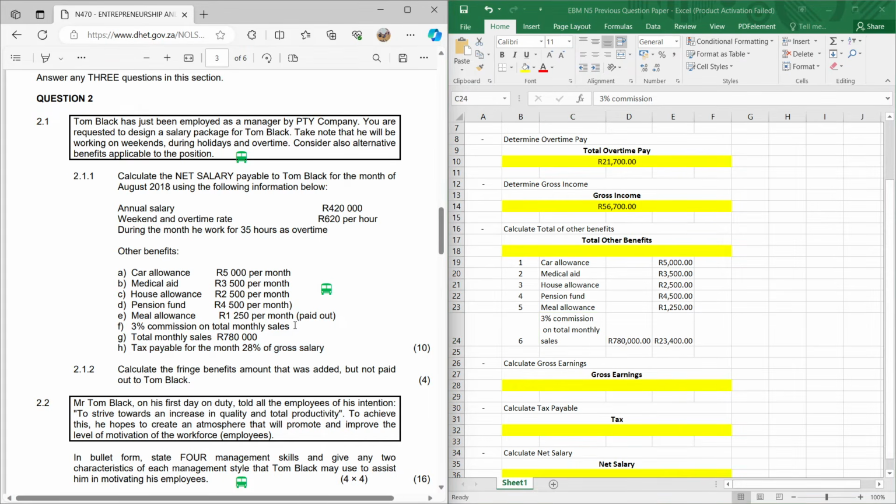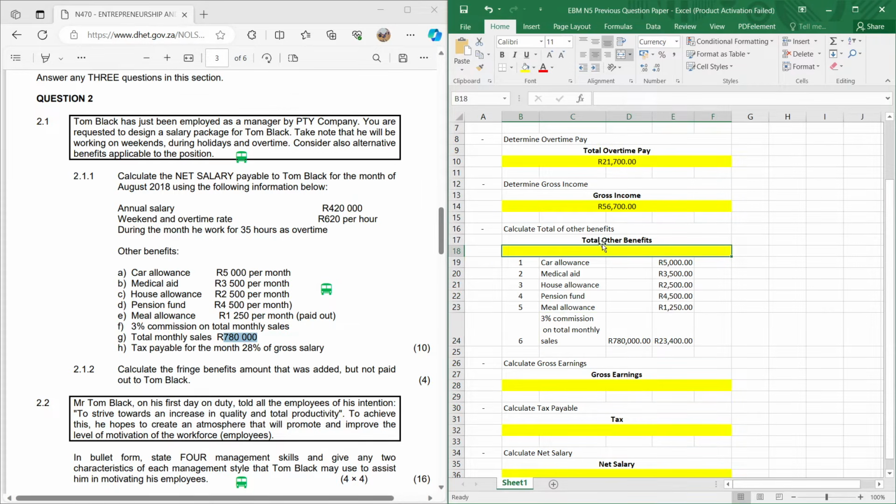Now, I want to first cover the 3% commission on total monthly sales, right? What this simply means is that Mr. Tom Black is basically going to get a 3% commission on his monthly sales. And we are given his total monthly sales, which is 780,000 rand. So we need to determine 3% of this amount.